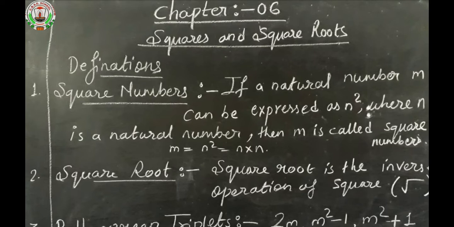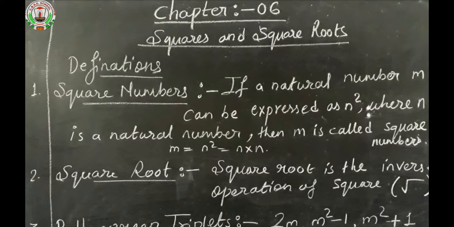What do you mean by square root? Second definition, square root is the inverse operation of the square. Suppose m is equal to n square is a square number, isn't it? When we are talking about a square root, that means n is equal to the square root of m, or 1 upon n square. Suppose I am having a number 4 square.